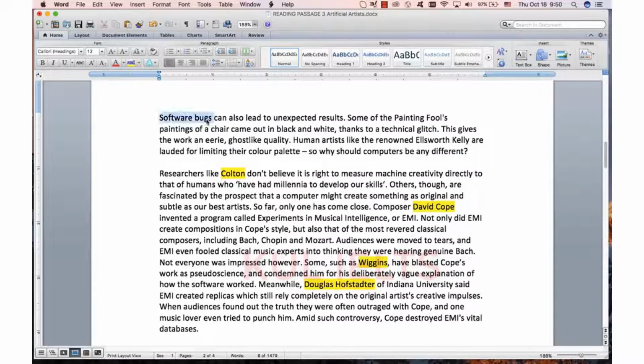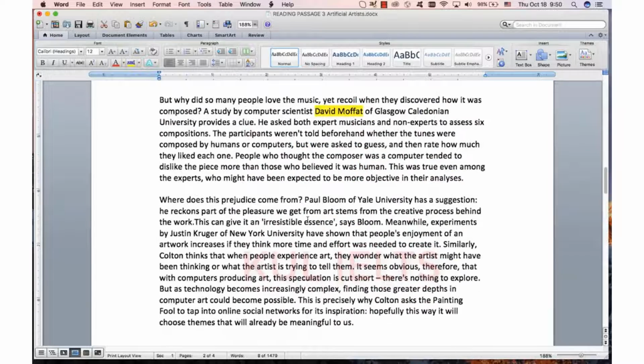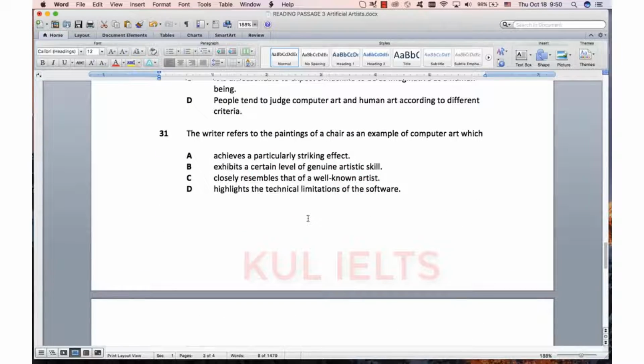A software bug is the same thing as a technical glitch, and this gives the work an eerie, ghost-like quality. Was it positive or negative? And they mean it in a kind of a positive way. It's a striking effect. He doesn't say that it's skill. He doesn't say anything about resembling, and he's not talking about the problems. He's talking about the effect. So that one was A.